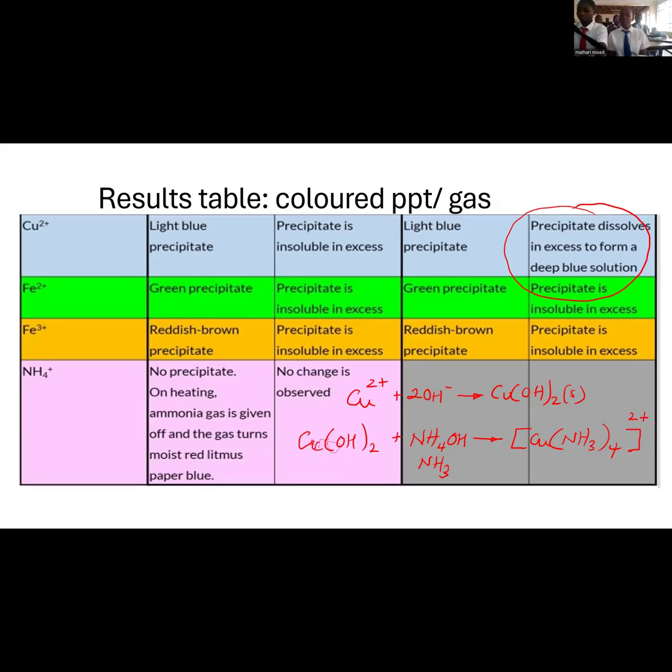Now, I'm not asking you to remember this. I think this is only 1 mark maximum, possibly only half a mark. So I think it is too complicated for many people to remember, but that is what is forming, copper ammonia. And it's 2 plus overall because the copper is 2 plus and the ammonia is not charged. Okay, so that's what happens in excess there.